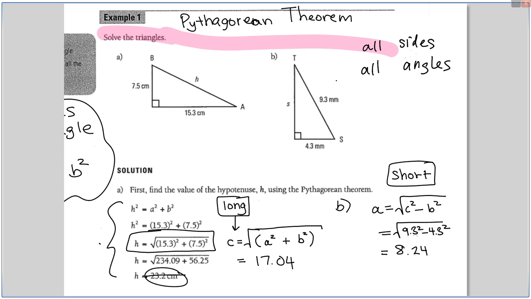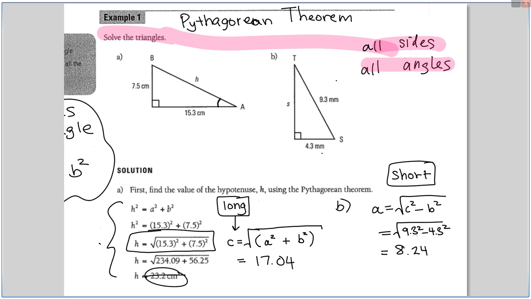That's what it means. Okay? So what do we have so far? Do we have all the sides? Yes. Now what do we need? The angles. Okay.